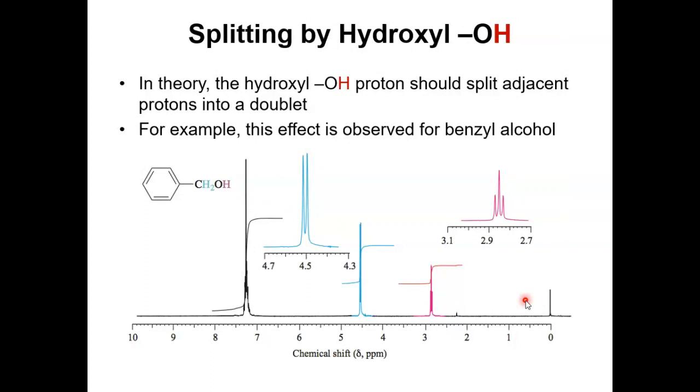For instance, if you look at the benzylic alcohol, the name is not hugely important, you will see that the CH2 protons give you a peak around 4.5 ppm, and the OH proton in this particular case gives you a peak at 2.9 ppm.